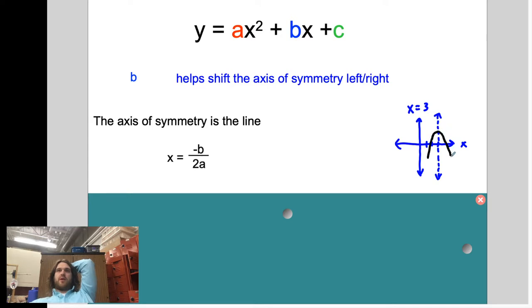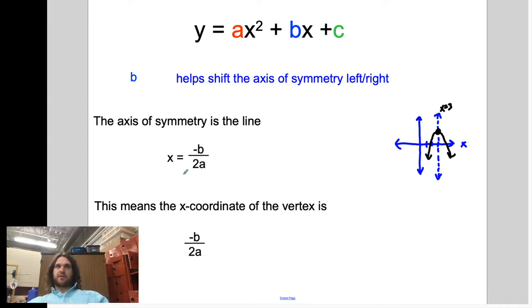I should be more clear: this is the line x equals 3, this dashed line here, and the x-coordinate of that vertex has to be the same.